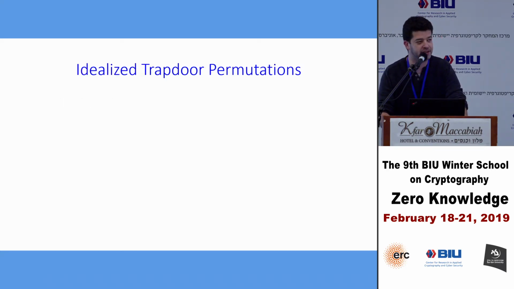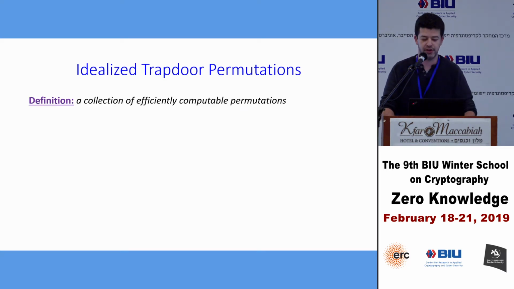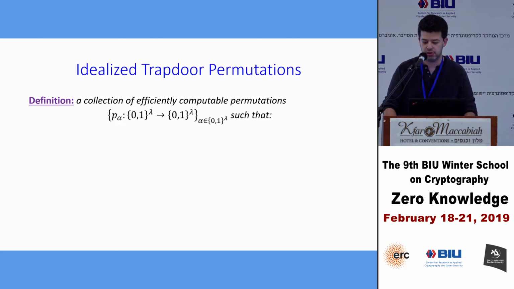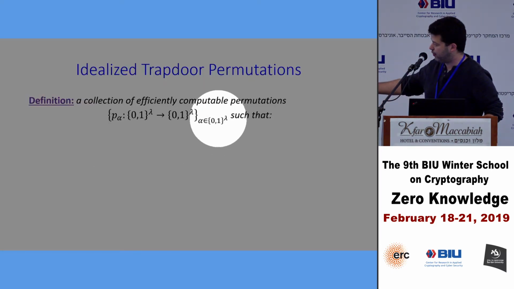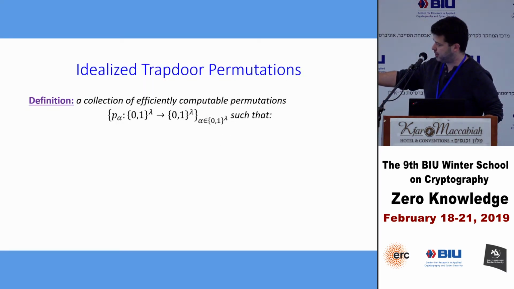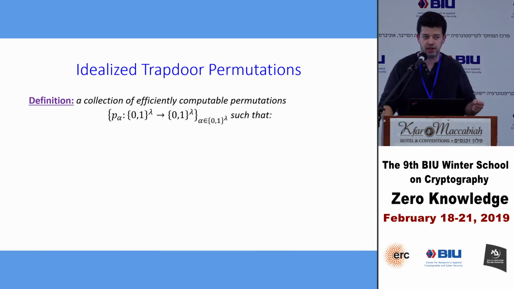Okay, so what is the idealized notion of trapdoor permutation that I want to deal with? So here it is, and it's related to one-way functions and one-way permutations. The idea is that it's a collection of efficiently computable permutations, right? So I have a collection indexed by alpha of permutations, P sub alpha, where each permutation is a permutation over {0,1}^lambda.